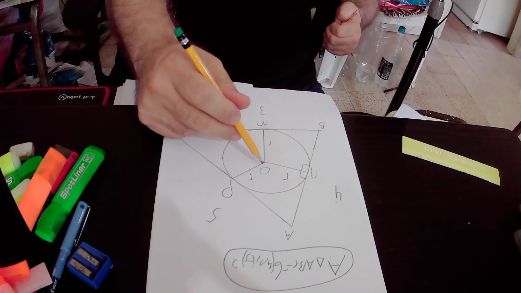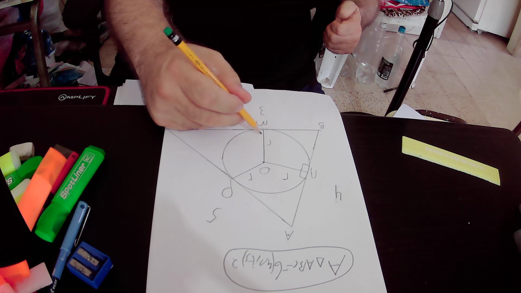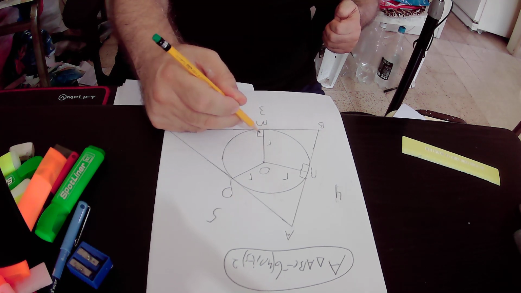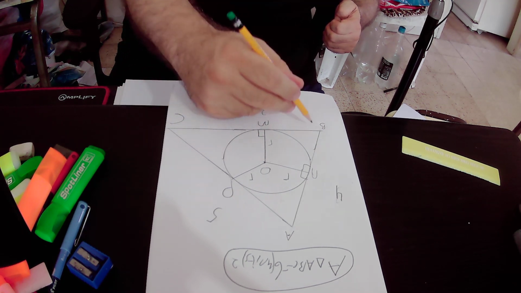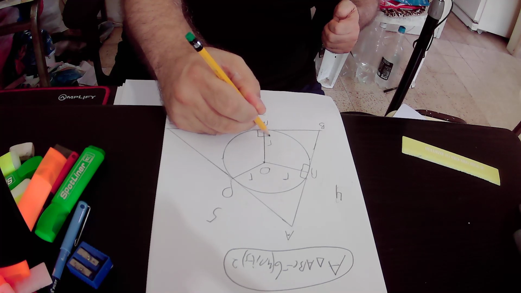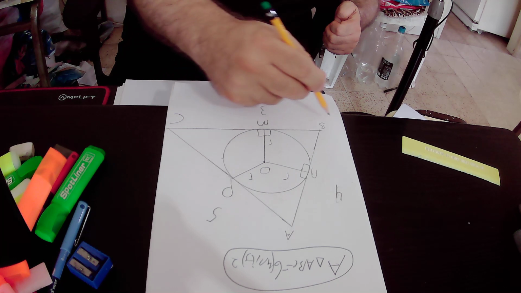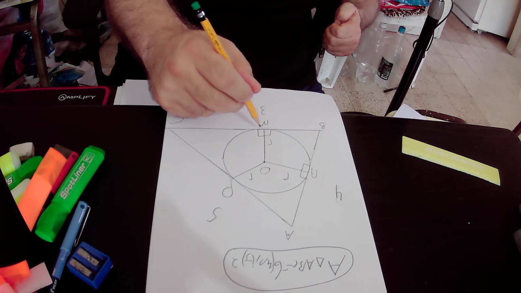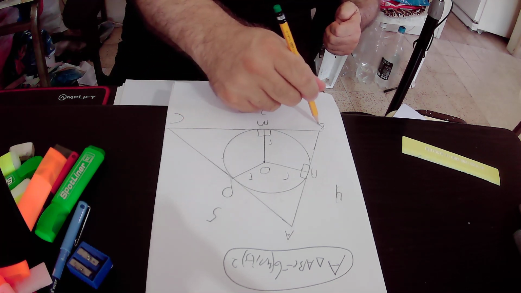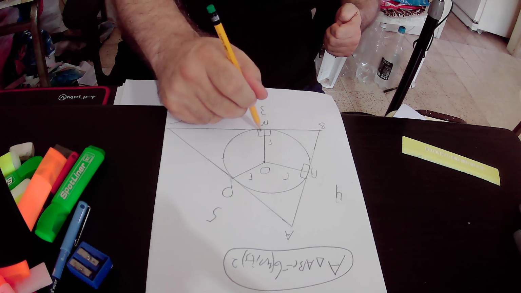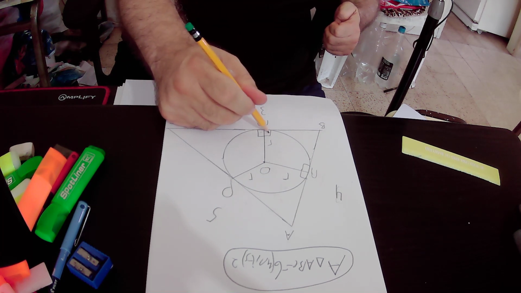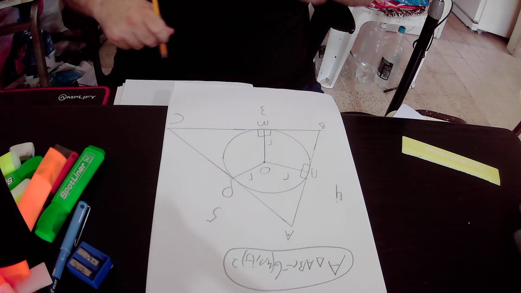That is to say, angle OMC equals 90 degrees, and also angle OMB equals 90 degrees, because the radius is perpendicular to each tangent. That is to say, this angle is 90 degrees and this angle is also 90 degrees.